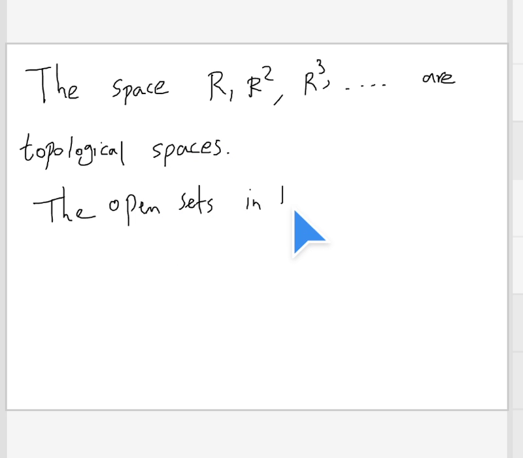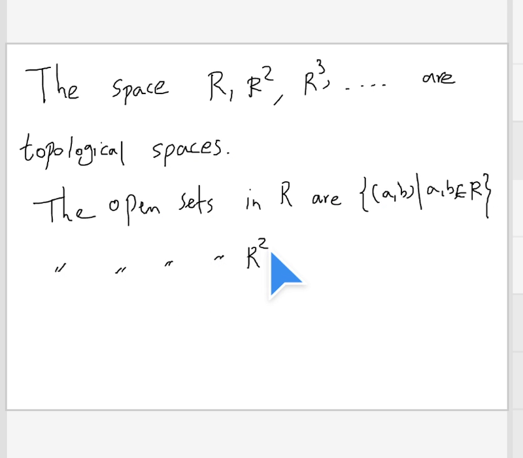In R, A and B belong to R. The open sets in R2 are the circle S1.